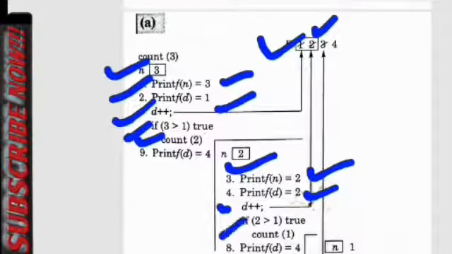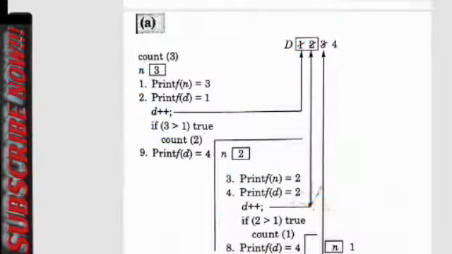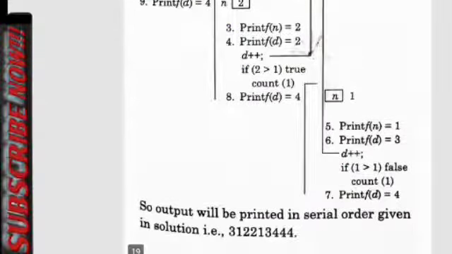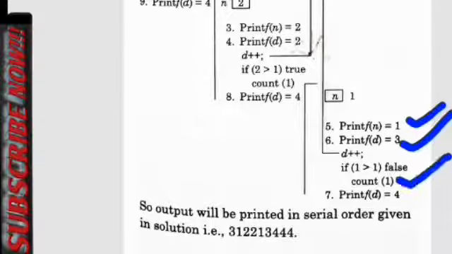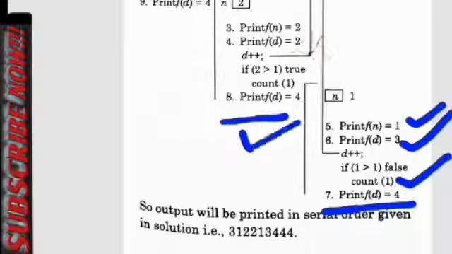After checking the condition, 2 is greater than 1, yes, true, then we count n equal to 1, and we get n equal to 1 and d equal to 3, and then increment the value of d. If 1 is greater than 1, it is false, so we print the value of d equal to 4, and here d equal to 4 and d equal to 4.